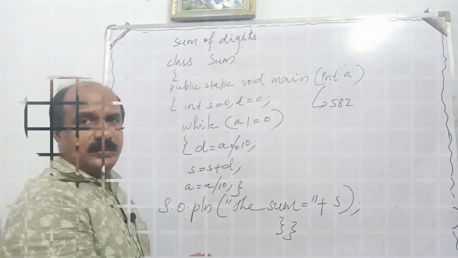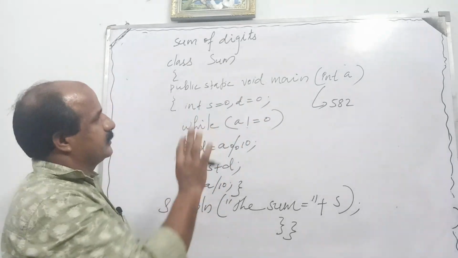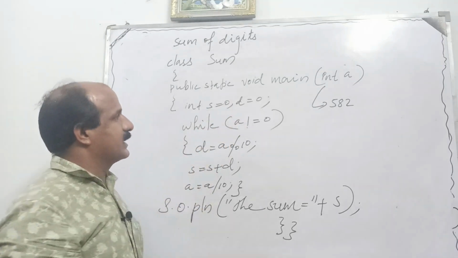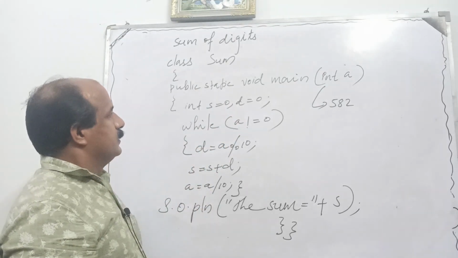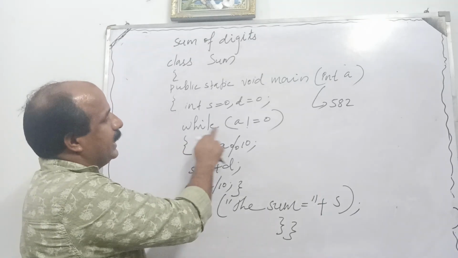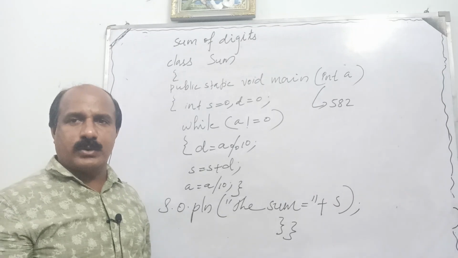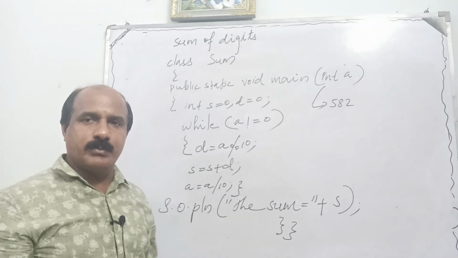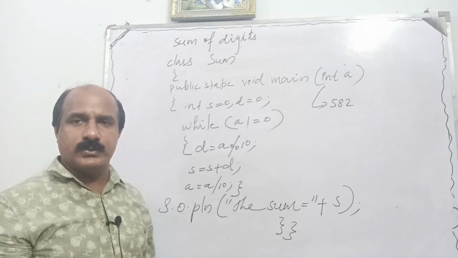First, see the main method I have written. The class is declared first. Now two variables we have declared and initialized to 0. See, while A not equal to 0. The while loop has to be executed whenever the value of A is not equal to 0.